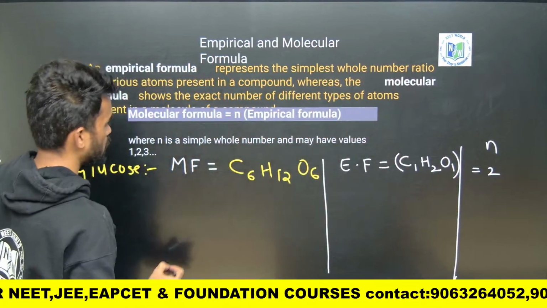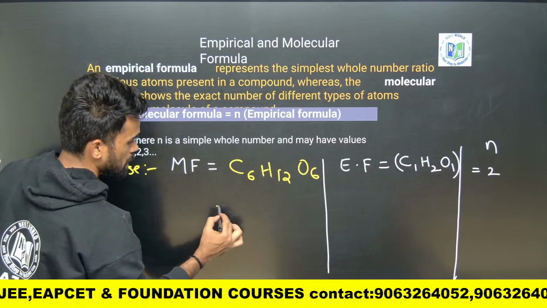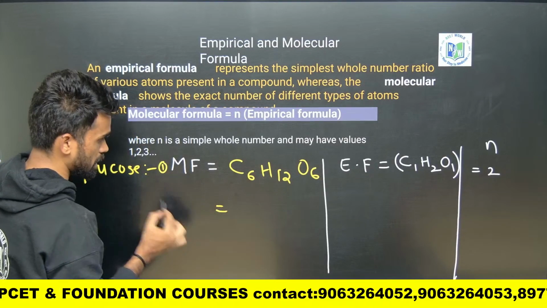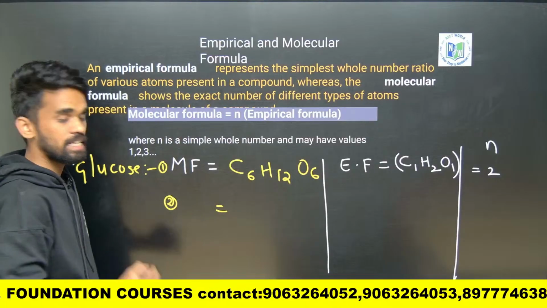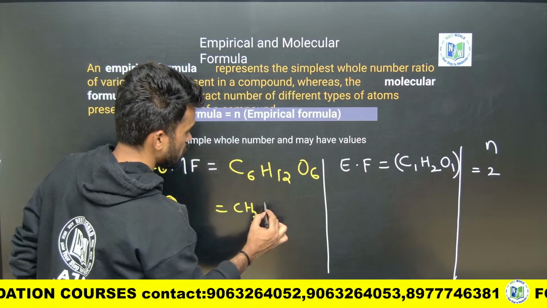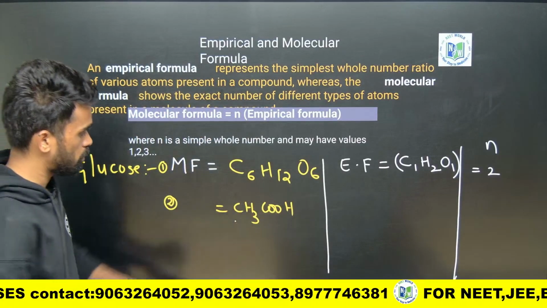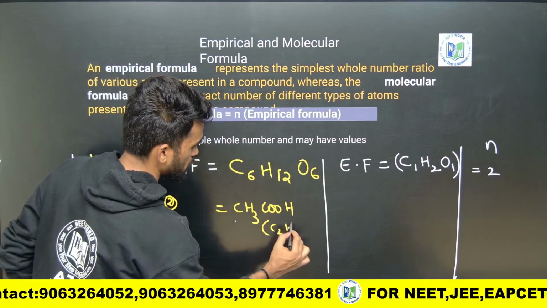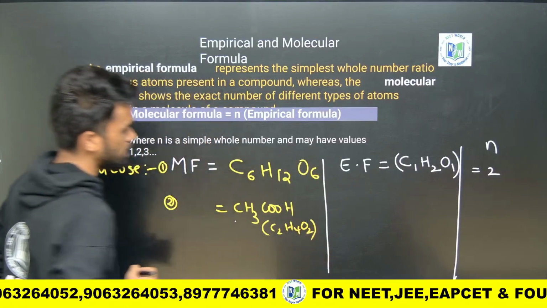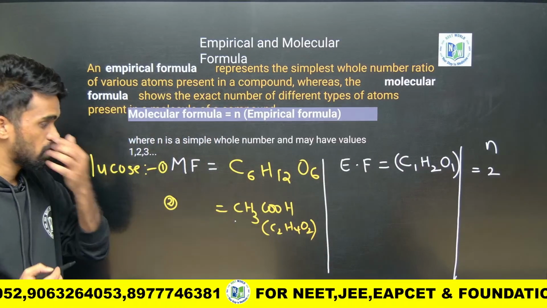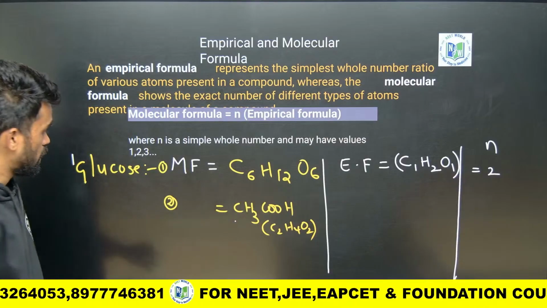Similarly, glucose is over. Let us say this is example 1. Next, example 2, I am taking acetic acid. The formula is CH3COOH, right? Now how many carbons are there here? 2 carbons. So we can make C2H4O2. Okay, this is the molecular formula of acetic acid.